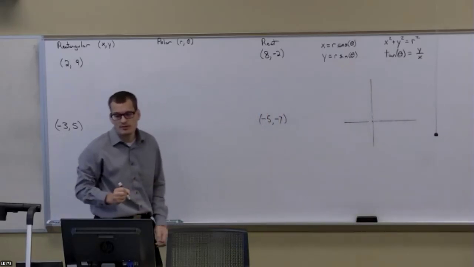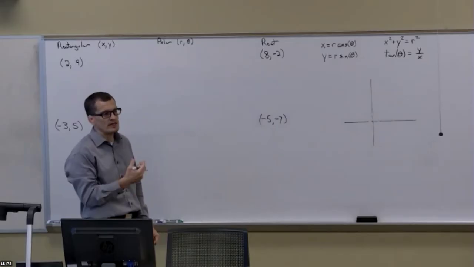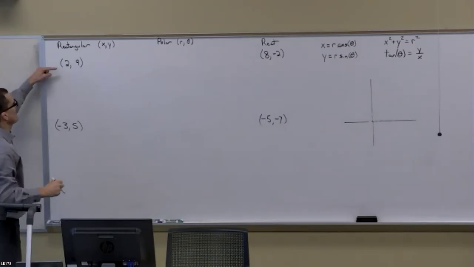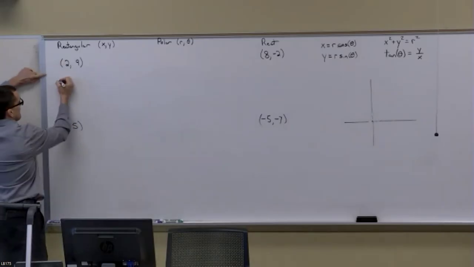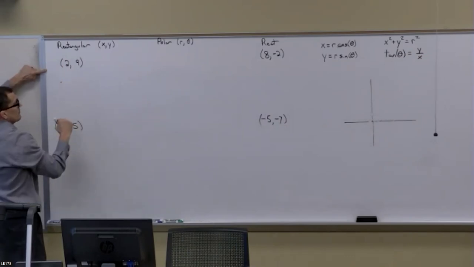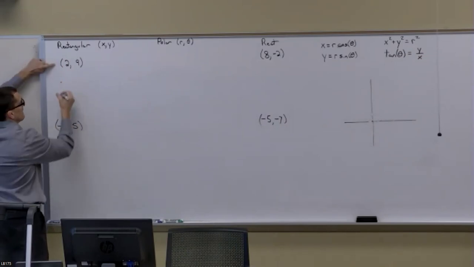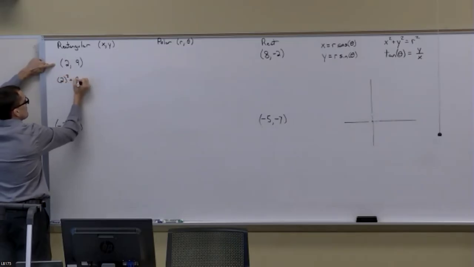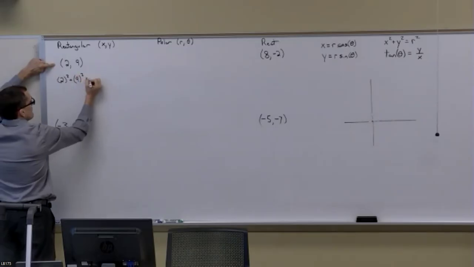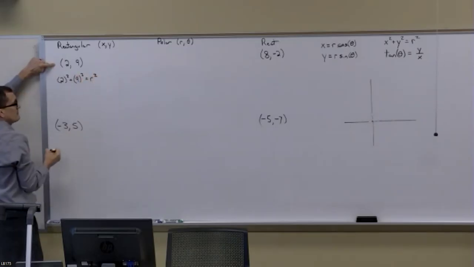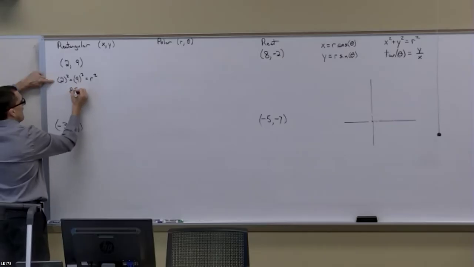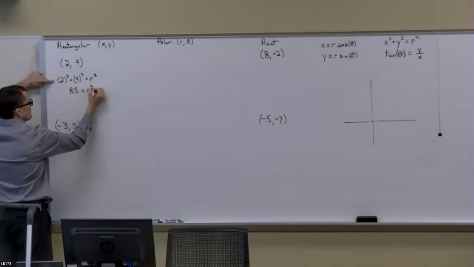Those are the two that I'm going to use to go from rectangular to polar. So let's take 2, 9, for example, and let's use those two equations. The first is the Pythagorean theorem, 2 squared plus 9 squared is going to be my radius squared. That's 85 is equal to the radius squared.